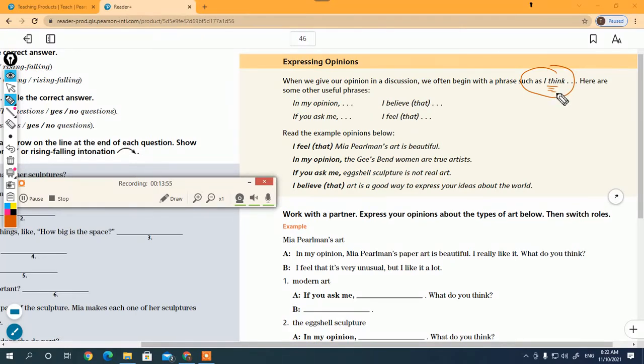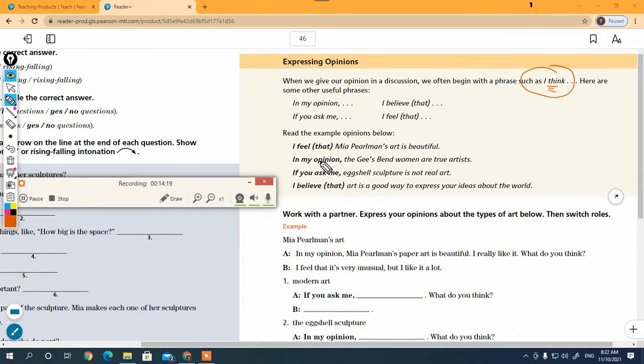We have many ways to say this. For example, in my opinion, or I believe, or I believe that. If you ask me, and then you tell your opinion. I feel, or I feel that.